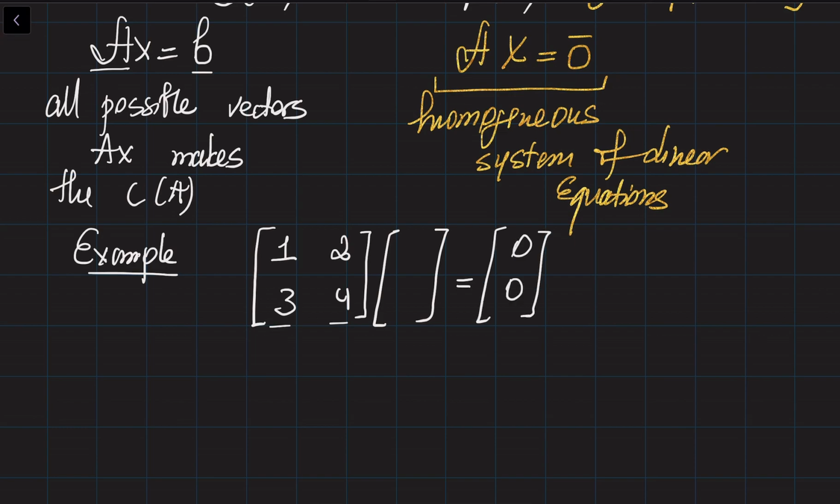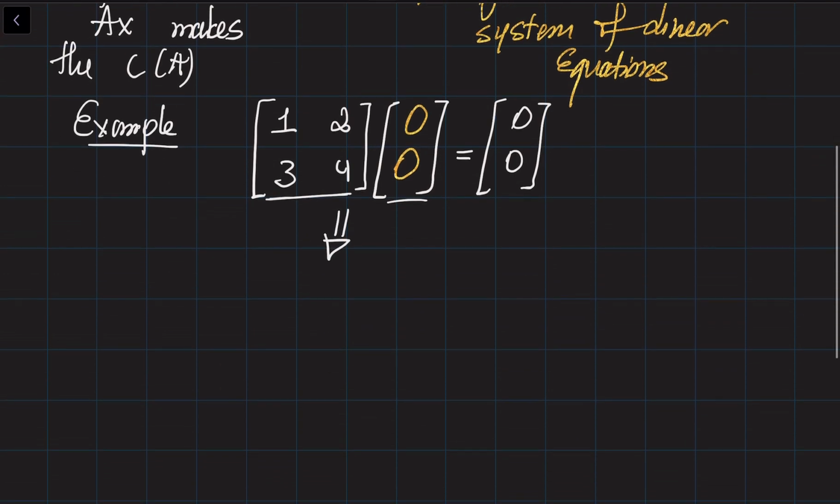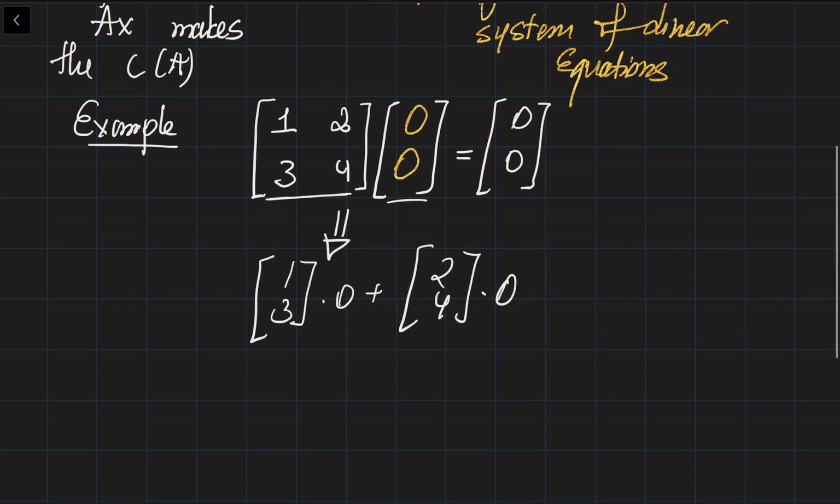The first solution which comes to your mind is probably 0 and 0. If you multiply this matrix by this vector, you can view it as a linear combination of the columns of this matrix: (1, 3) times 0, plus (2, 4) times 0. This gives you the vector 0 and 0.